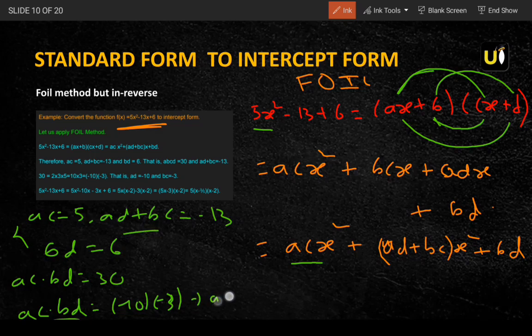So now let's check. 5x into x is 5x square. 5x into minus 2 is minus 10x. So again from these two terms, if we take minus 3 as a common one, we can write it as x minus 2. So from 5x square minus 10x minus 3x plus 6: from the first two terms, taking 5x common, we will get x minus 2.